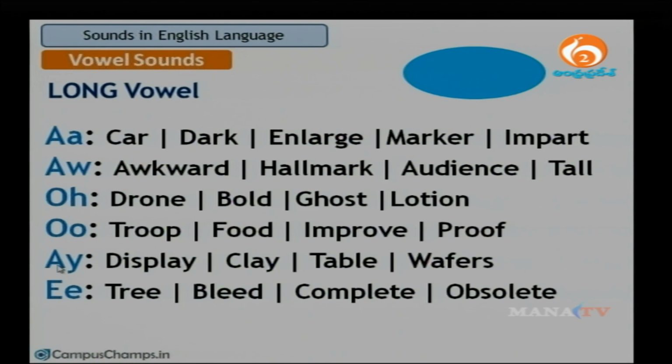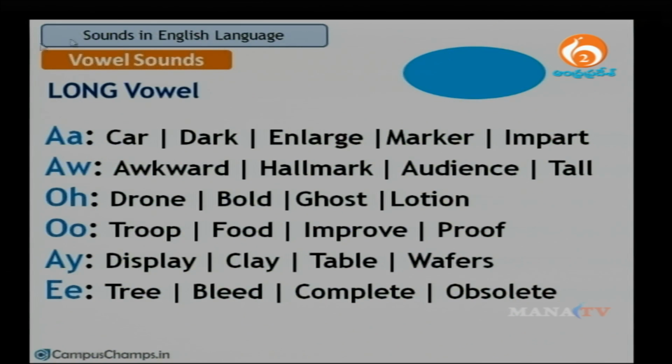Fifth one is A: display, clay, table. See, we don't have AY here, but the sound exists. Table, wafers. E: tree, bleed, complete, obsolete.